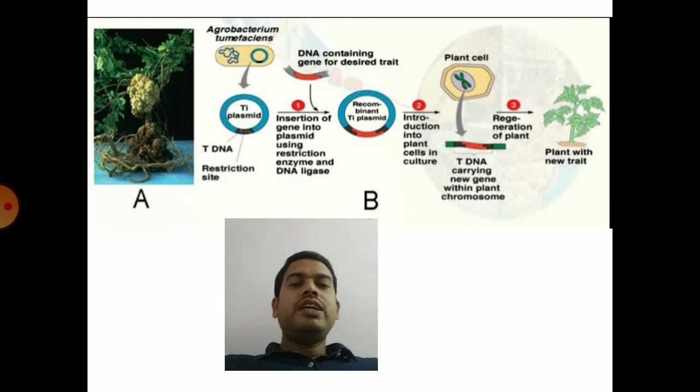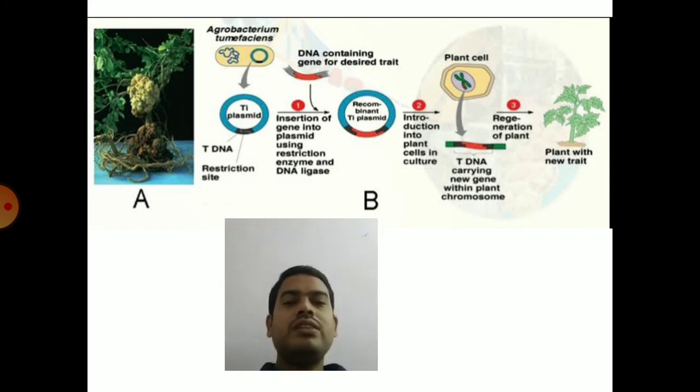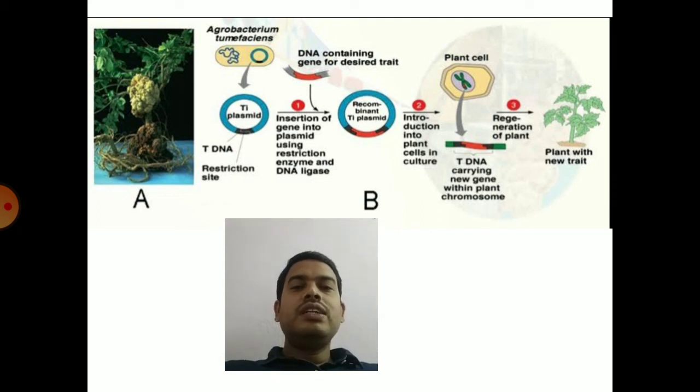Since you are using Agrobacterium tumefaciens, a biological agent, for transferring the Ti plasmid containing foreign DNA, it is called the biological method of gene transfer. You can see in the diagram, A is showing crown gall disease caused by Agrobacterium tumefaciens, and the Ti plasmid containing your foreign DNA is introduced into Agrobacterium tumefaciens.